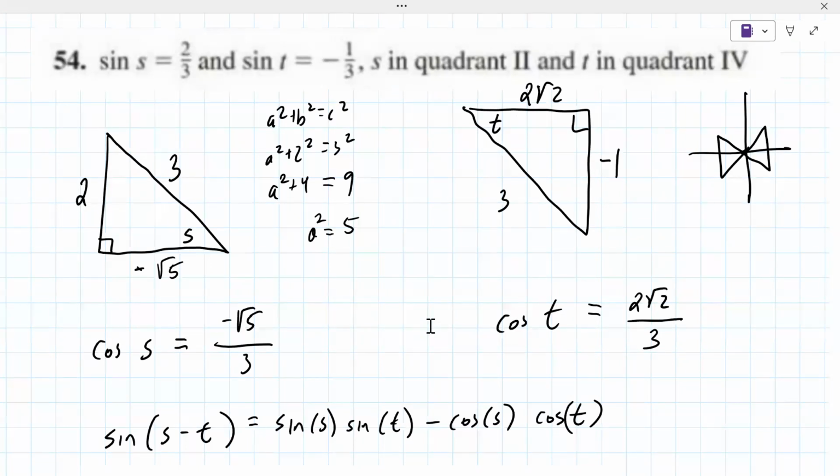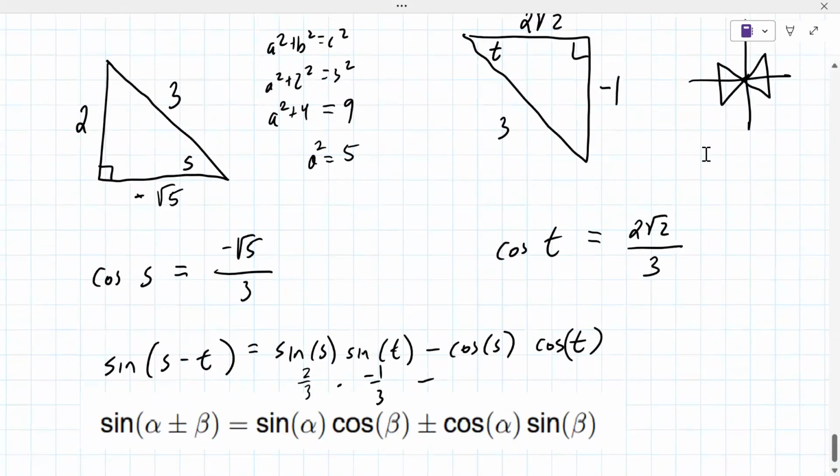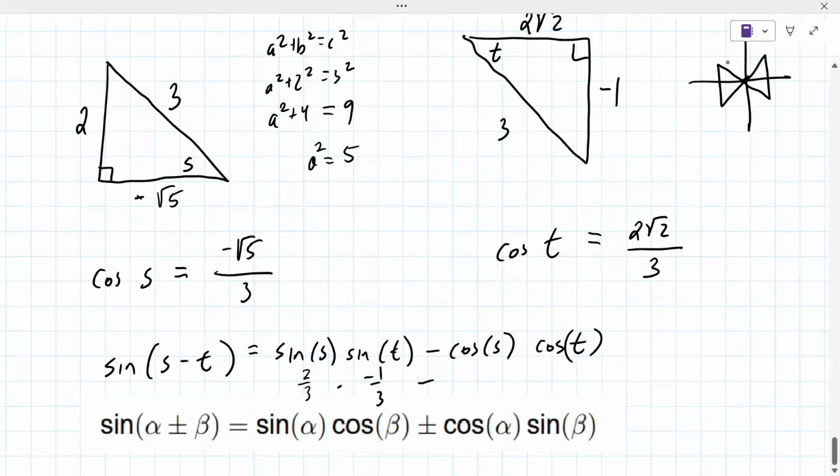Sine... 2/3 times -1/3, minus -√5/3 times 2√2/3.